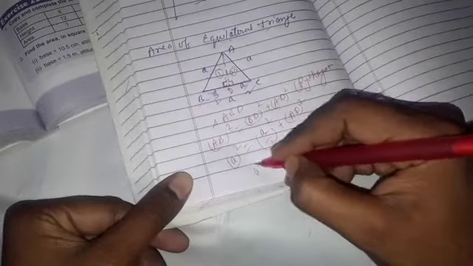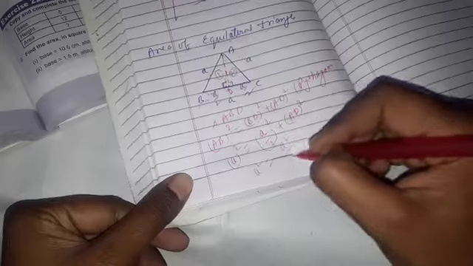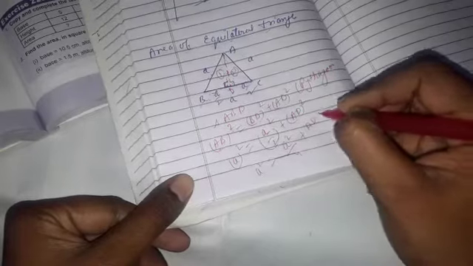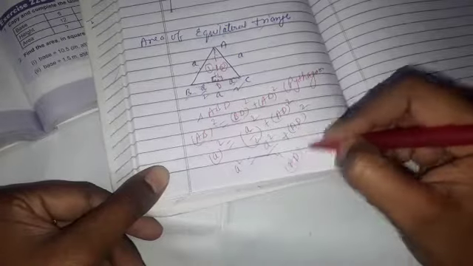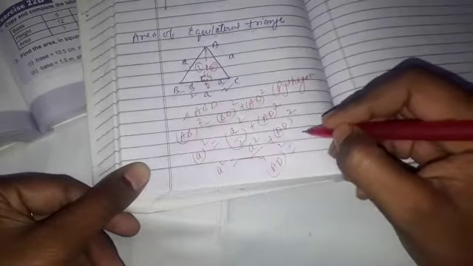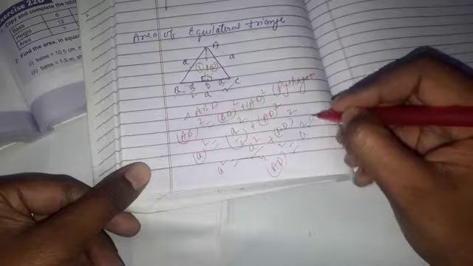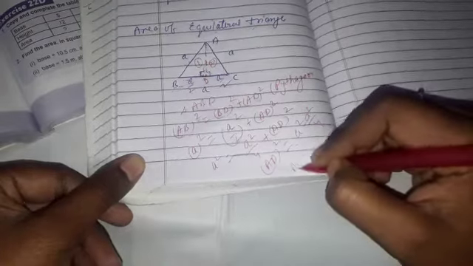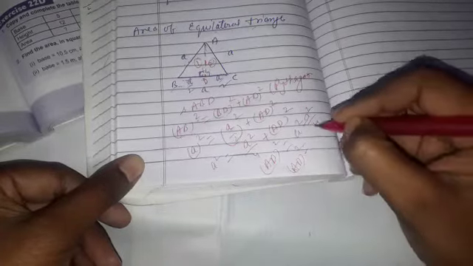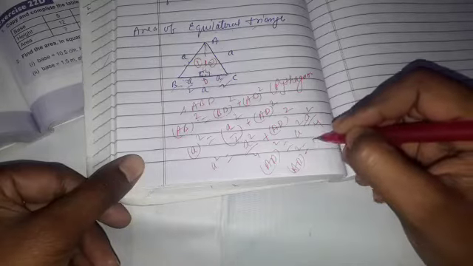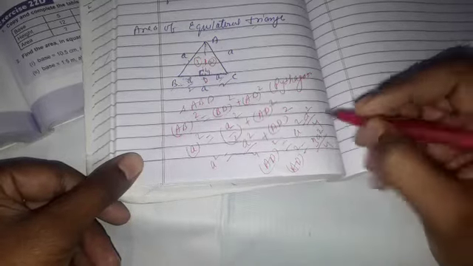So let's solve this. a square equals a square upon 4 plus AD square. So AD square equals a square minus a square by 4. So AD square equals 4a square minus a square, 3a square upon 4.